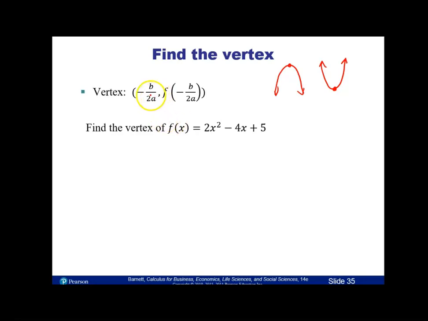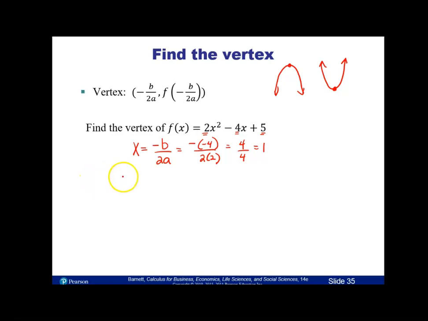So if I'm going to do that, what this tells me is that x is equal to negative b over 2a. Again, make sure it's in standard form. Look at your coefficients. Don't take the variables, just the coefficients. So it would be negative (negative 4) over 2 times 2. That would be a positive 4 over 4, which would be equal to 1.